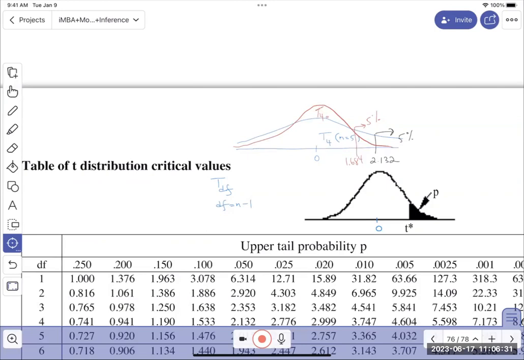So what happens is, as the sample size goes up, degrees of freedom increases, the tails flatten, and the distribution is more peaked.